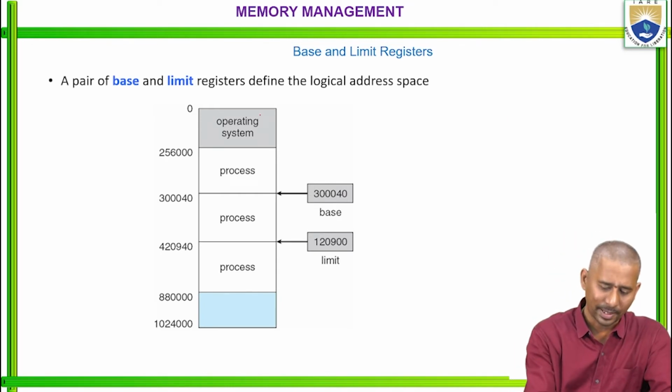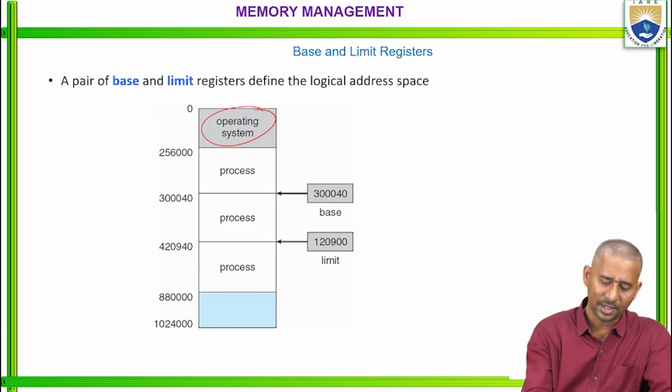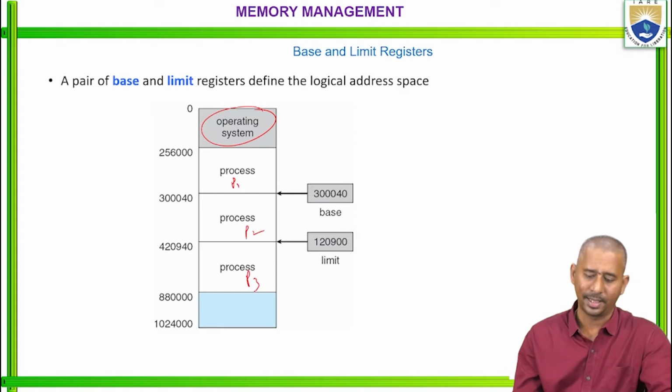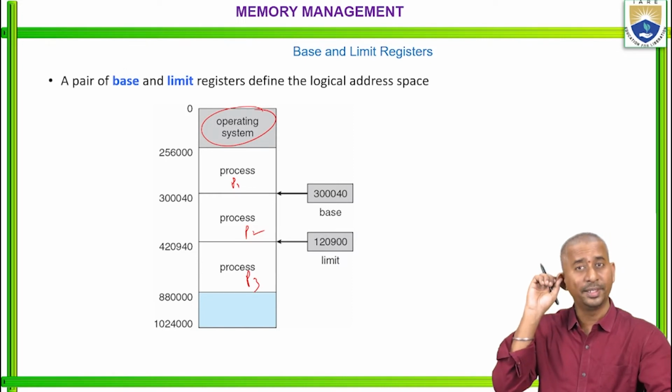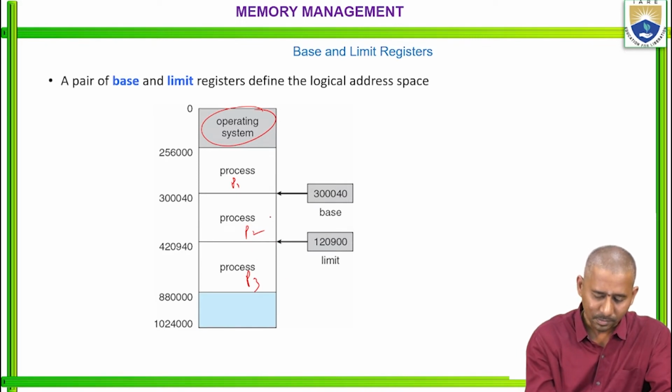Within the memory, the operating system is already occupying some space, and these are the various processes, say P1, P2, P3. These processes are executing.